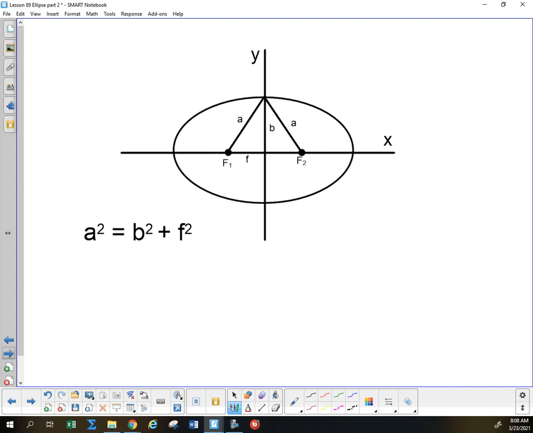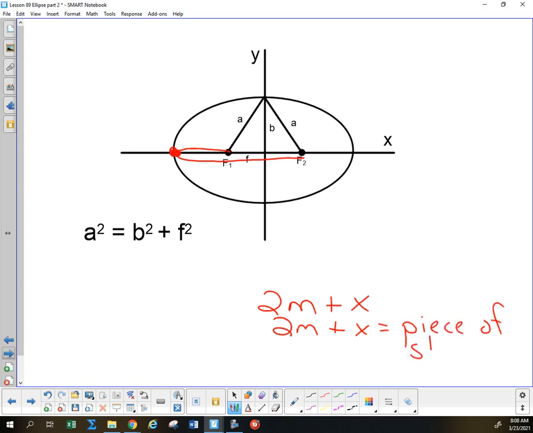So we know that that whole piece of string has to be 2m plus x, the way we were just talking about. If I pick a point over here, my string is going to go from here to here, so that's going to be one of the m's. And then the other part of the string is going to go back to here, which is going to be another m plus x. So my piece of string is always as long as the major axis.